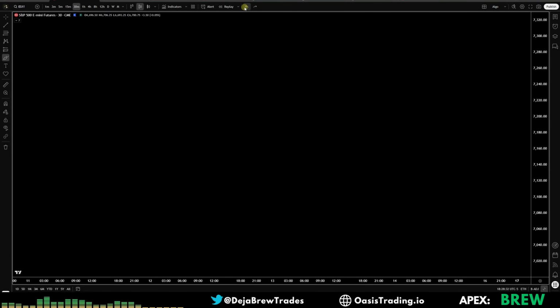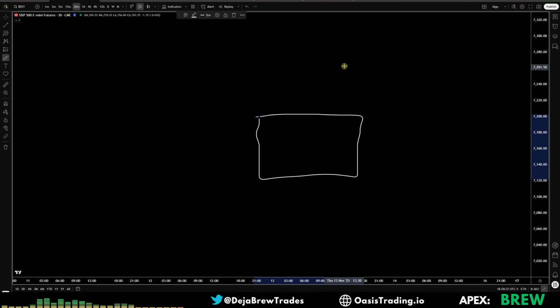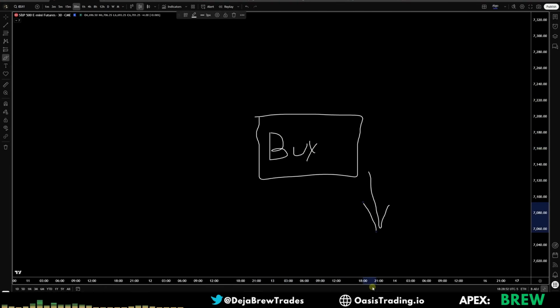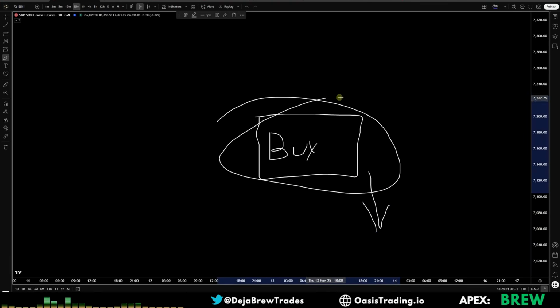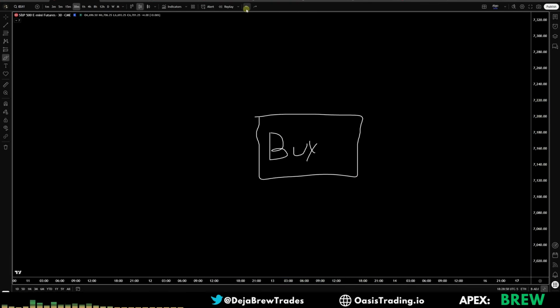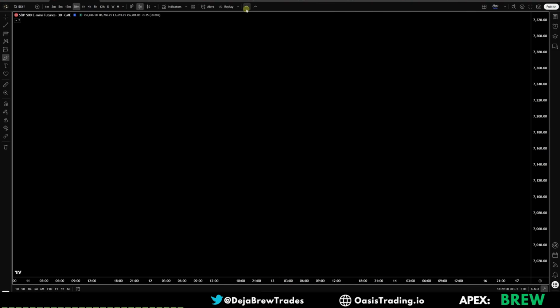Okay, so therefore, if the cluster of bullish delta is right here and price is up here, they are not being absorbed because they are getting what they want. They want higher prices. But if there is a very large cluster of buyer delta here, but price is down here, we could say that these buyers are being absorbed because they are not getting what they want. Price is going back down.